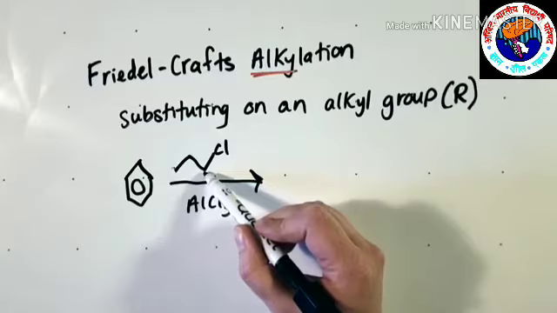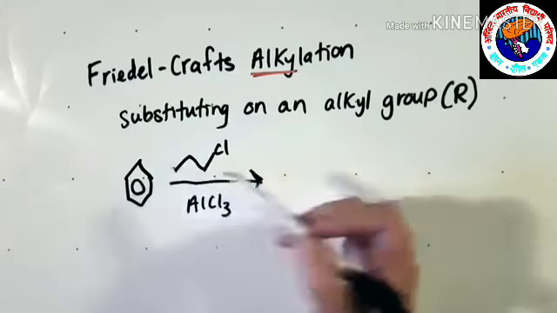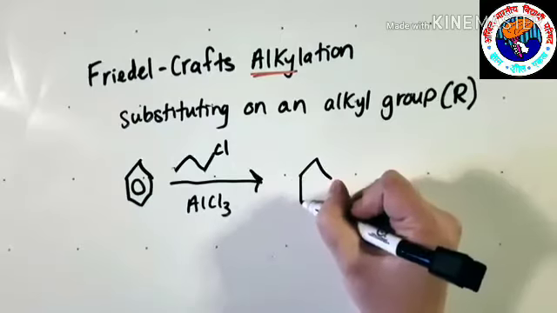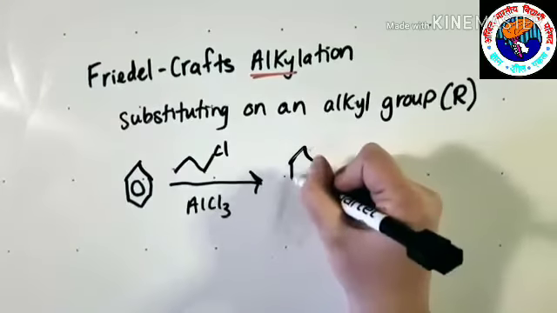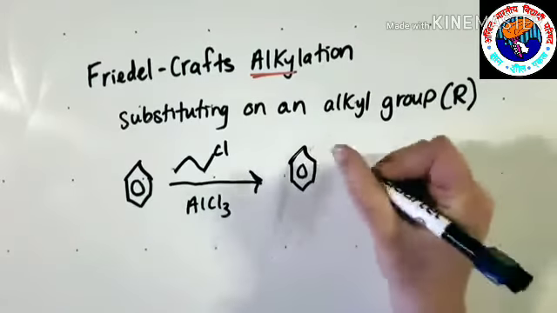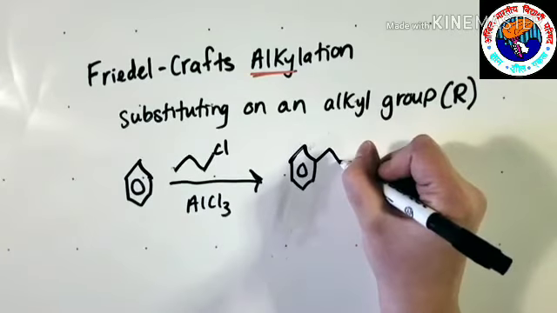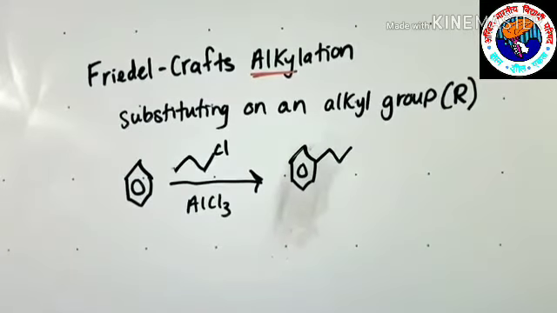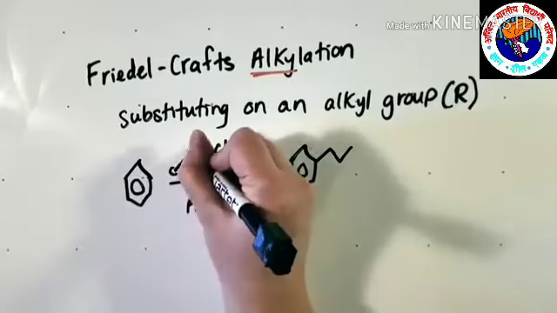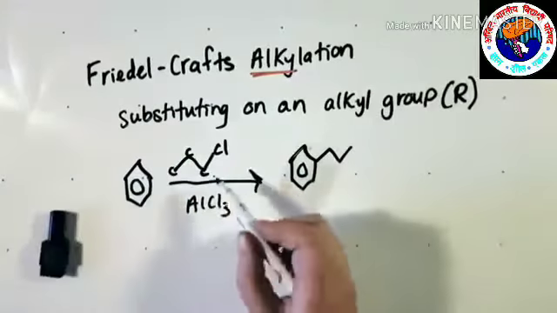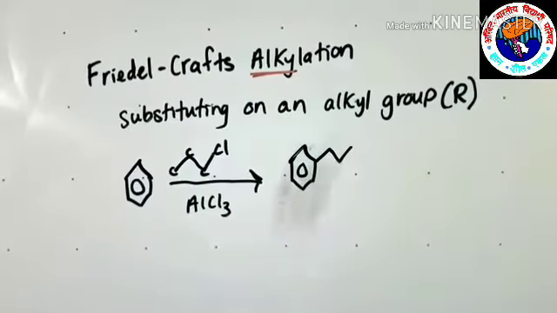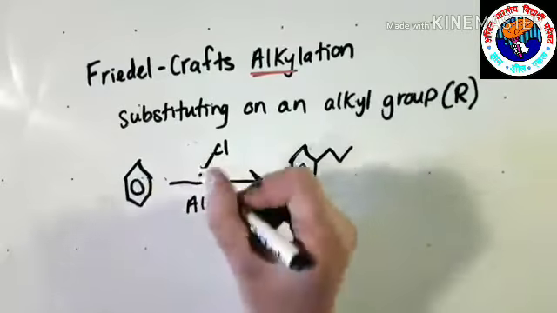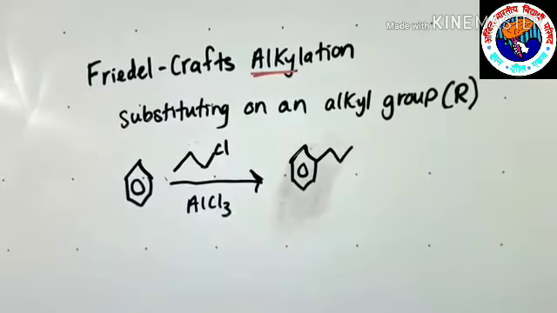So we're going to be adding 1, 2, 3 carbons. Oops, that's not a benzene ring. So 1, 2, 3 carbons. Okay, I could have written C, C, C. That third carbon is what's binding to the chloride. So C, C, C. All right, so I'm going to erase those. So that's our Friedel-Crafts alkylation.